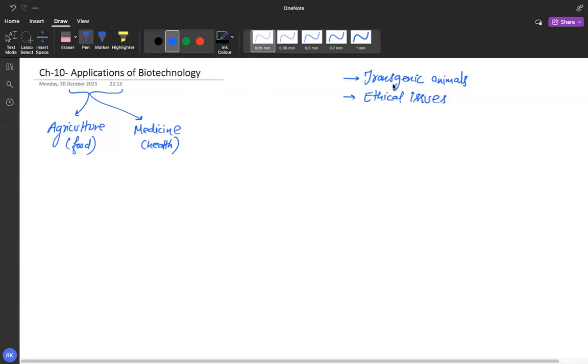So transgenic simply means, the word trans comes from some other side, like cross, and genic means gene. So if I put a human gene in a yeast, the yeast becomes a transgenic yeast. If I put a gene from a bacteria into a fruit fly, that fruit fly becomes a transgenic fruit fly. Make sense, everyone?